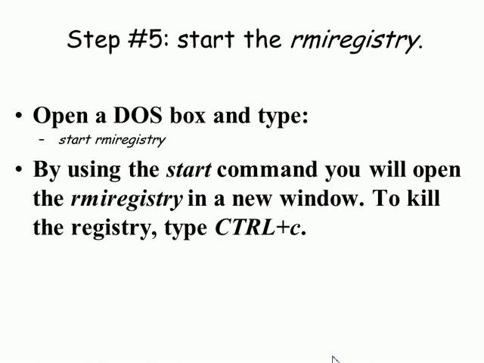So this RMI registry, this is the tricky bit. I say open a DOS box. What I really mean here is get a command prompt. Go to the start menu, type CMD, or if you're on a Mac, go to the terminal app in utilities.